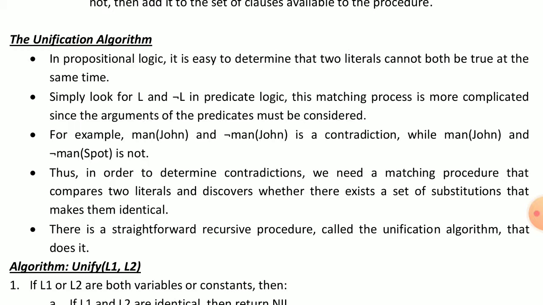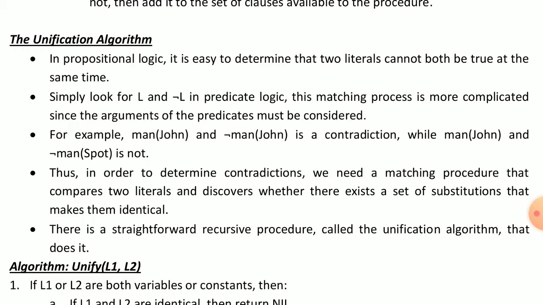Simply look for L and not L. In predicate logic, this matching process is more complicated since the arguments of the predicates must be considered. So here we look at the two literals L and not L in predicate logic, then match the process and find the arguments.